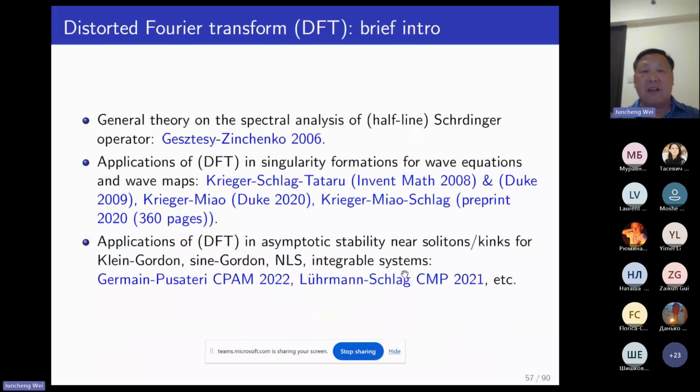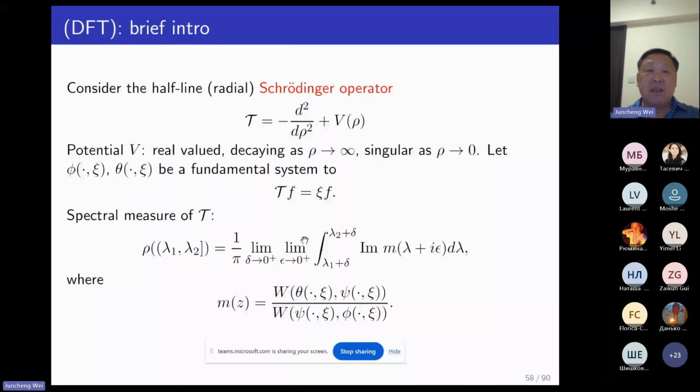This kind of distorted Fourier transform has been developed by a lot of people, in particular for the people in dispersive wave equations and wave maps, and there are also applications of the distorted Fourier transform. Let me give you an idea of what it is. You take a Schrödinger operator like this.